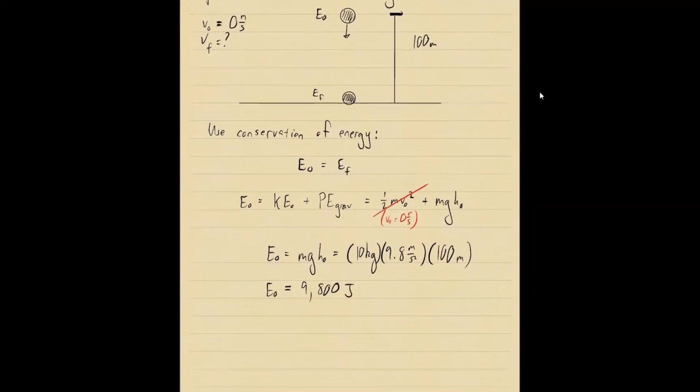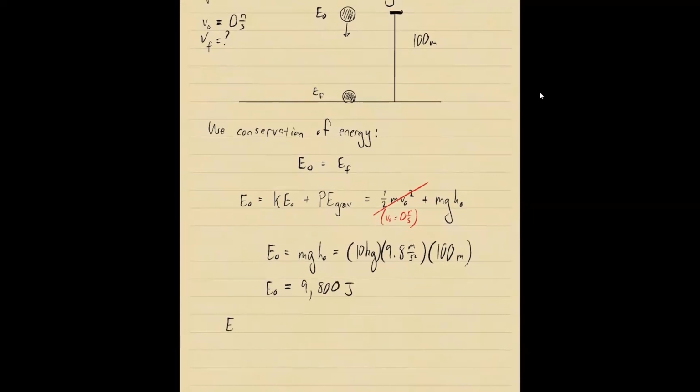And so now let's look at the final energy of our system. The final total energy is going to be our final kinetic energy plus our final gravitational potential energy. So that's 1/2 m v final squared plus m g h f.